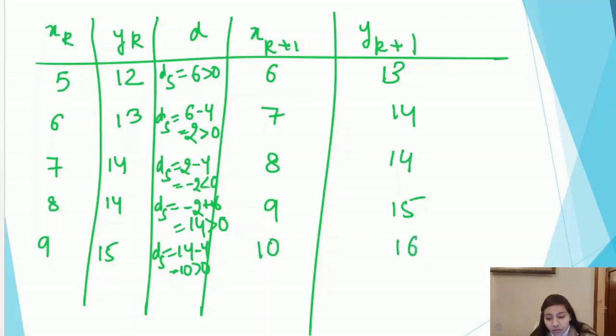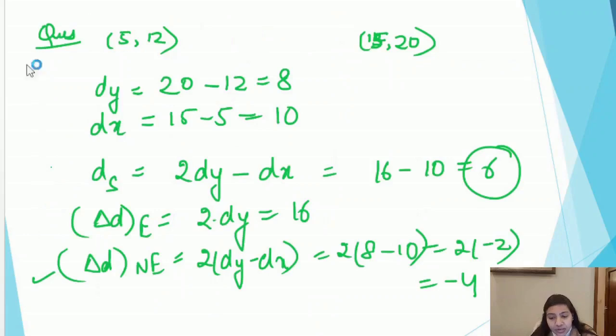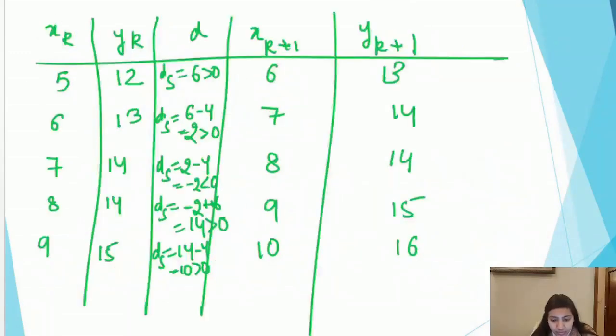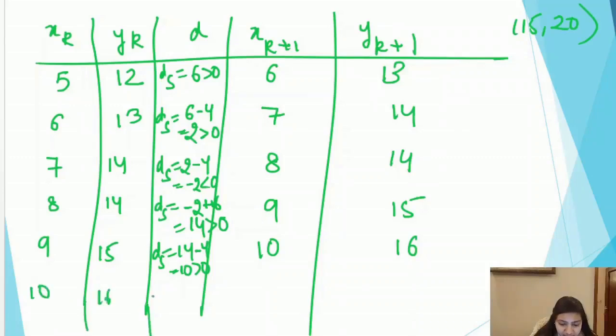Now we have to keep on checking this value. We will stop whenever our value becomes equal to the finishing point, that means 15, 20. So we have to continue this until we reach 15, 20. So the new value of x is 10, this is 16, and d is 10.